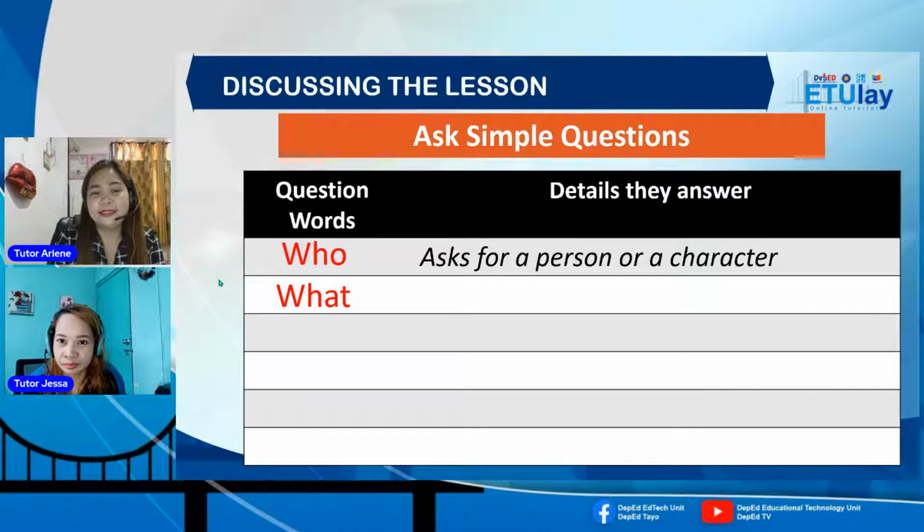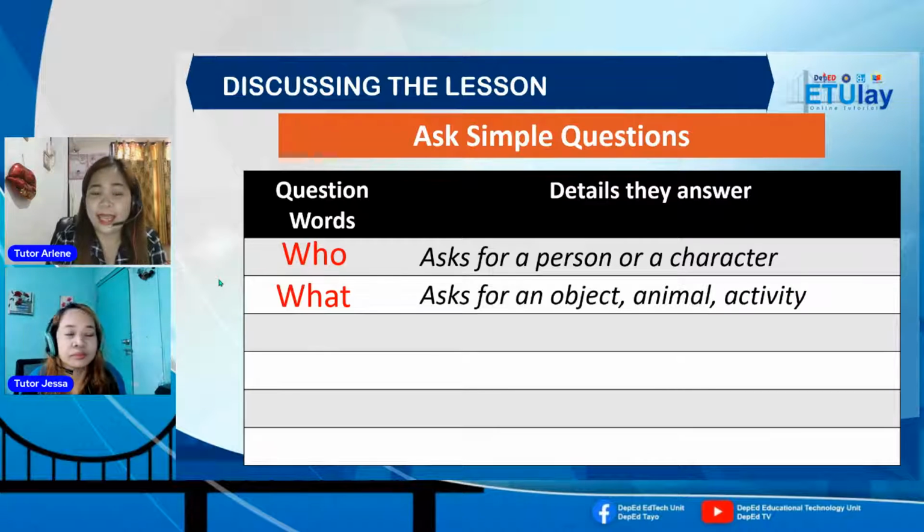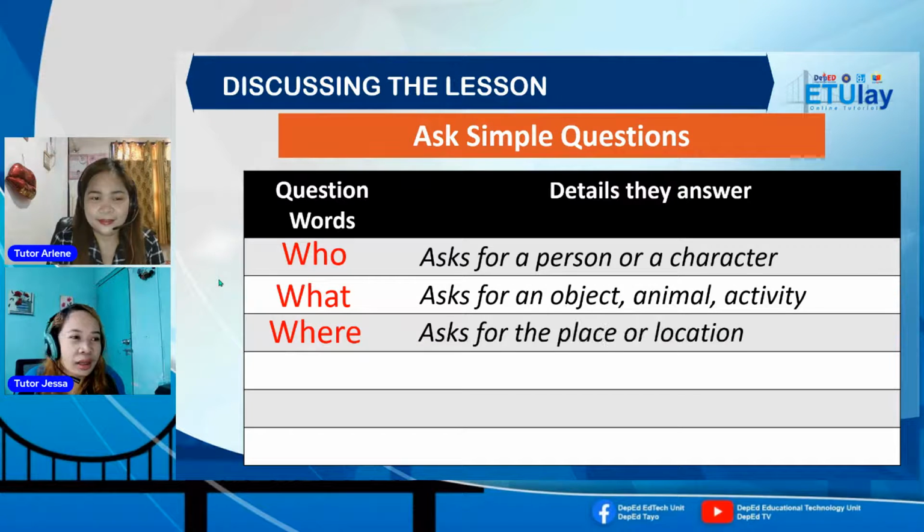And what, ayan, it asks for an object, an animal, or activity in the story that we read. All right, and where? So, and where is asked for the place or location.